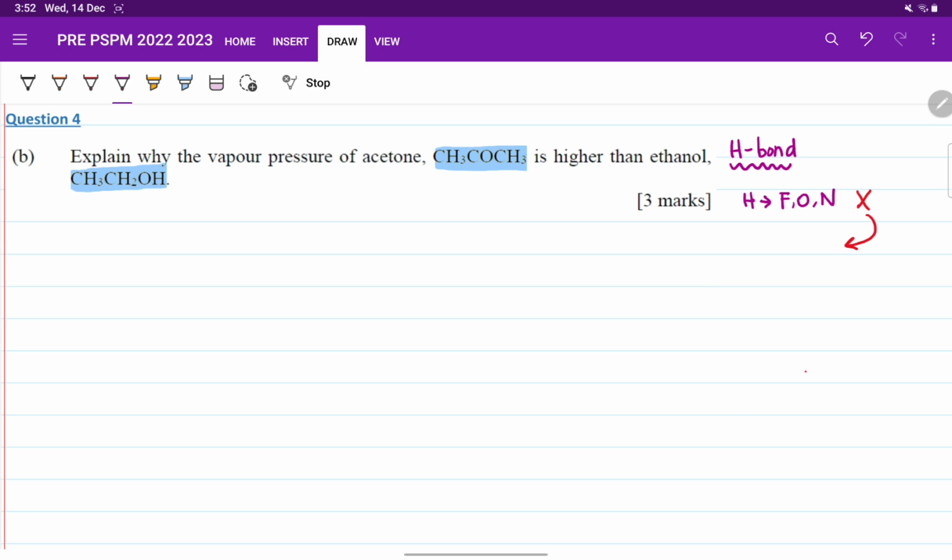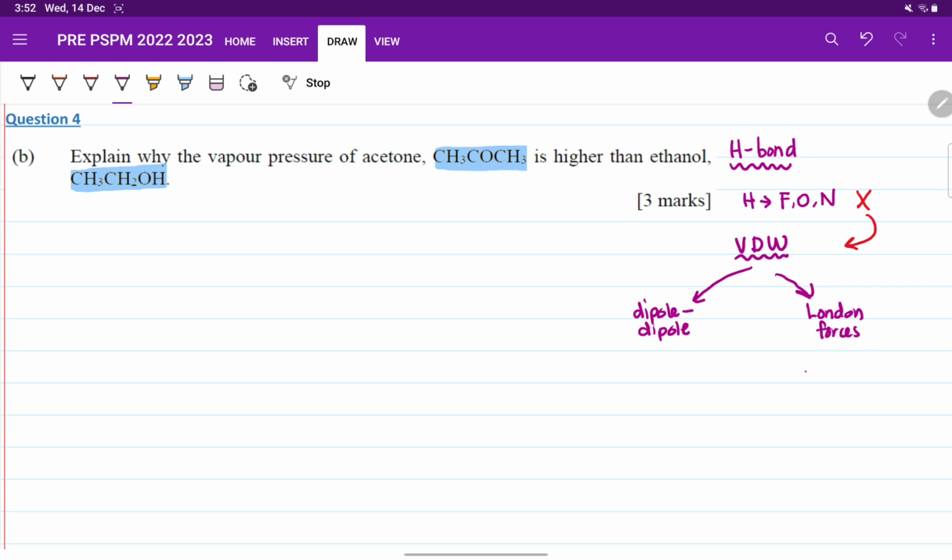The next intermolecular forces, kita akan ada van der Waals forces. Okay, so untuk van der Waals forces, we have two types of van der Waals forces, which is the first one, kita ada dipole-dipole forces. Okay, so saya letak kat sini, dipole-dipole. Dan another one is your London forces.